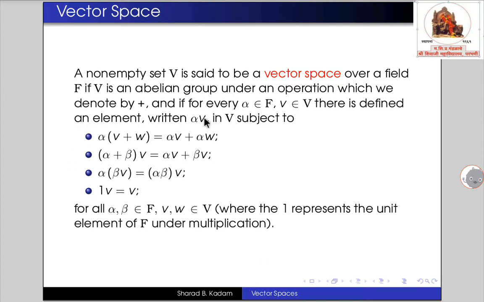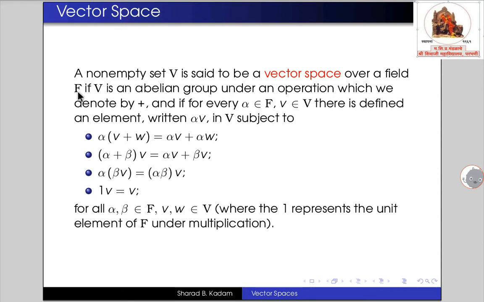So if these 4 conditions are satisfied, then this non-empty set V is said to form a vector space over a field F.